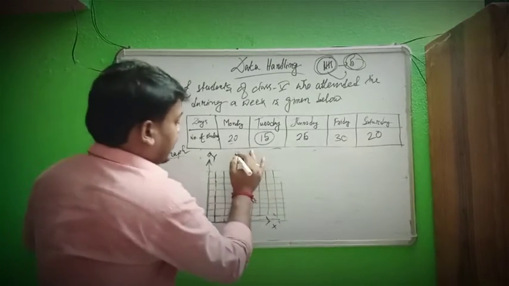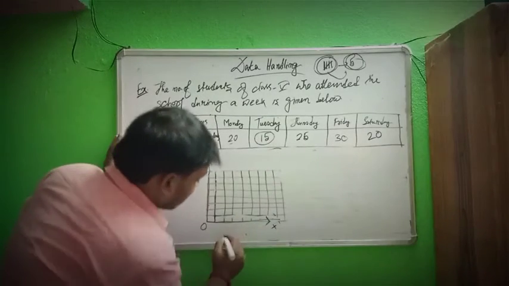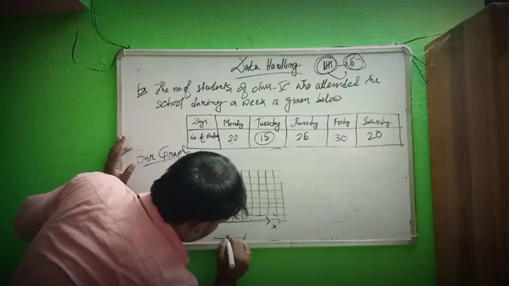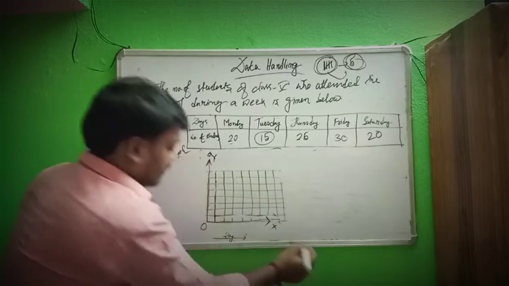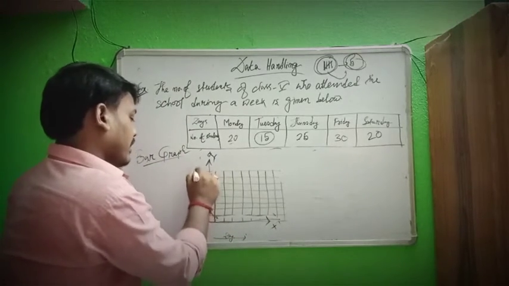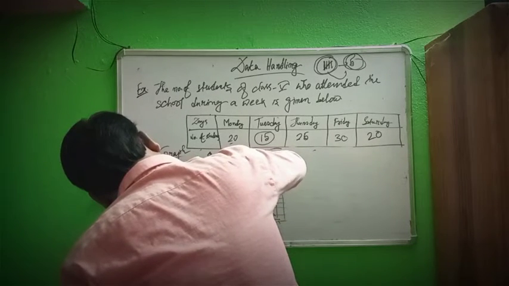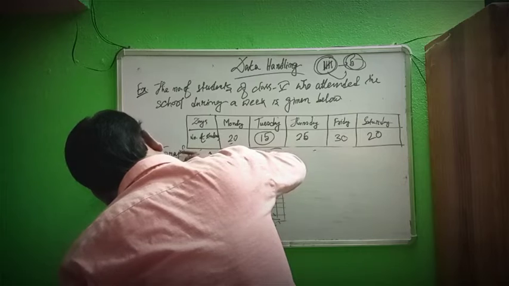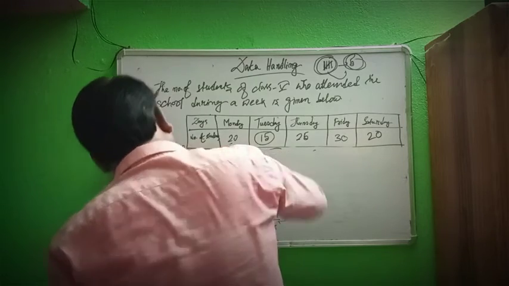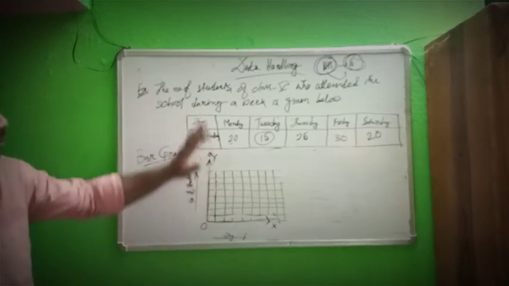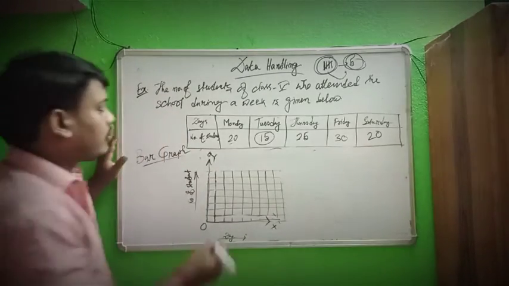Okay, so first we take the values: along the x axis, days, and along the y axis, number of students.